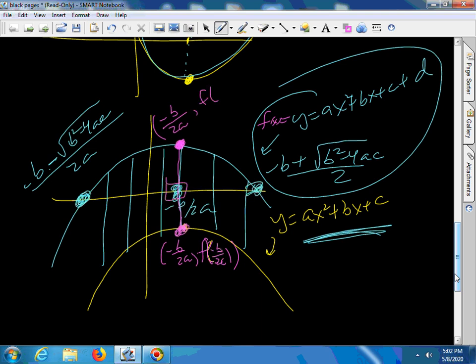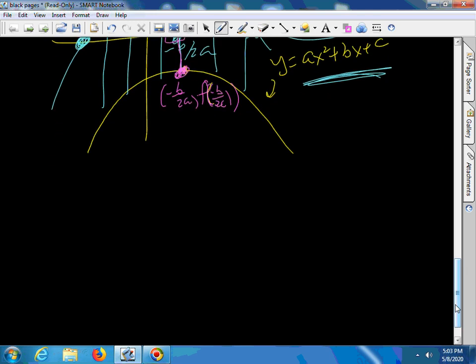And if you find f of negative b over 2a, that would be just this part. You better add d to that y value. And now you have the formula for the x value of the vertex.